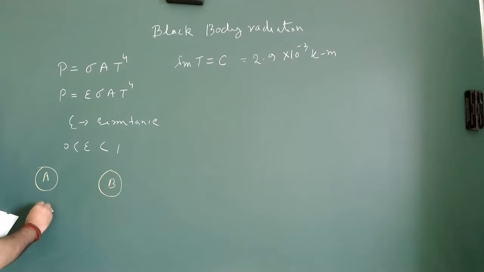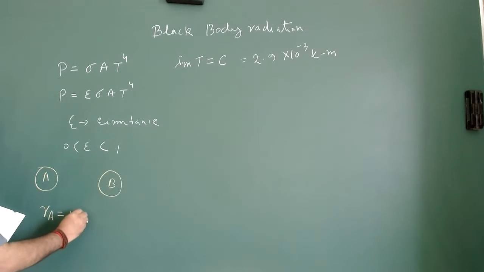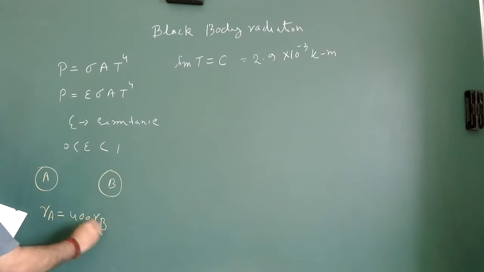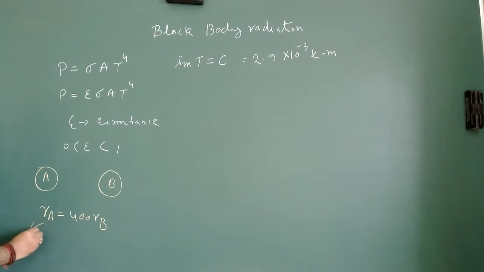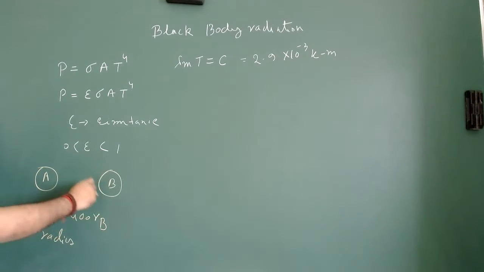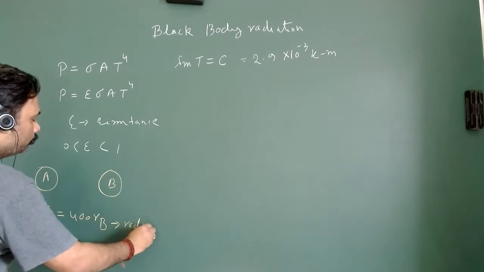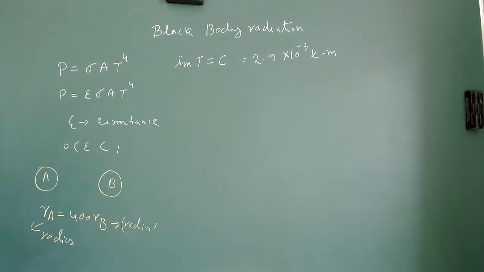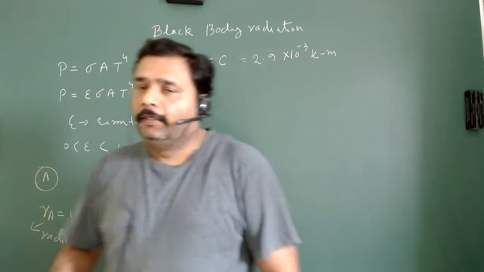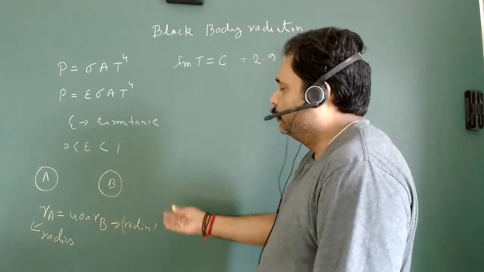It is given that RA is equal to 4 times RB, that is, the radius of A is 4 times the radius of B. This is the first information we have.